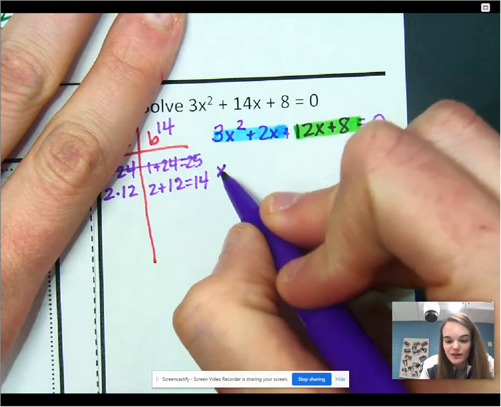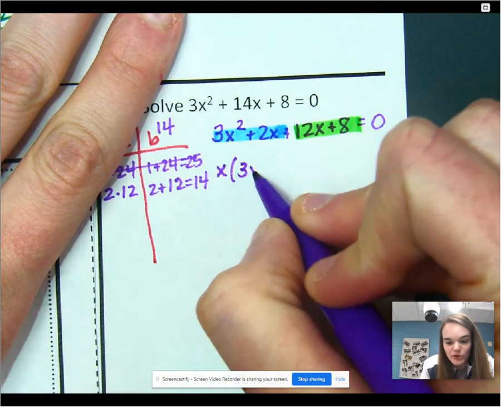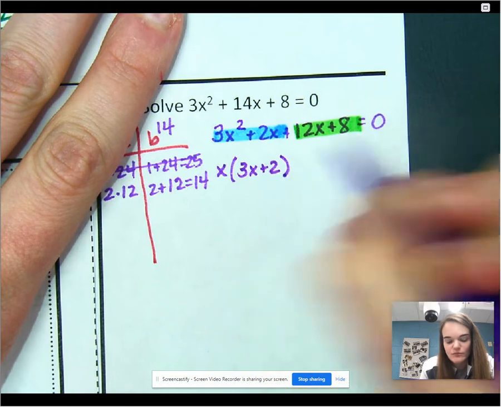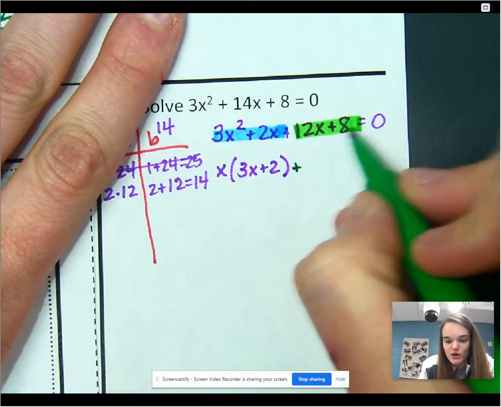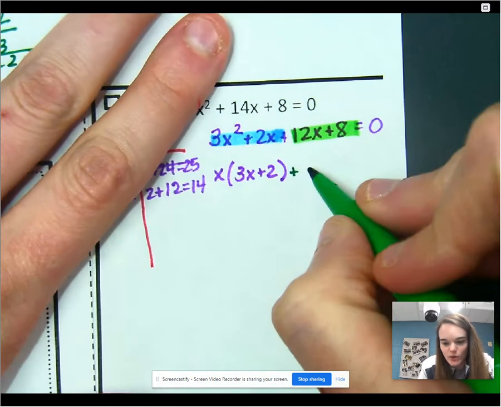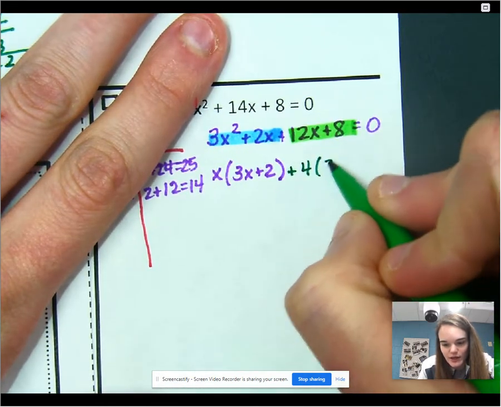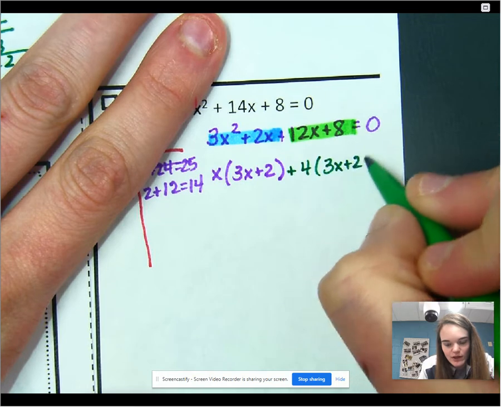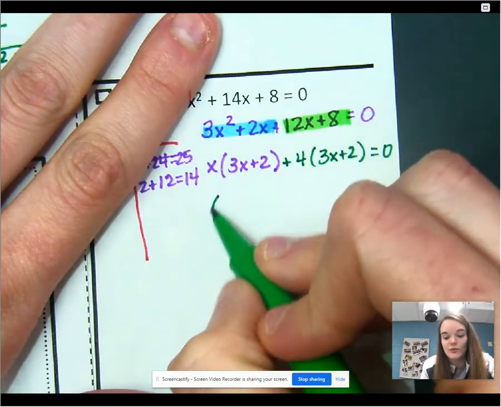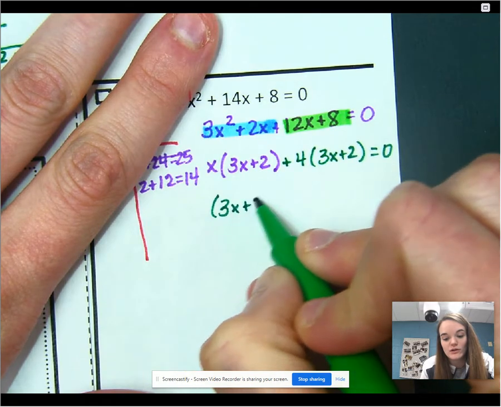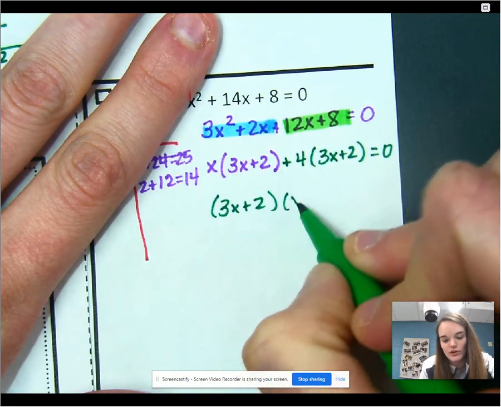I can take an x out of that, and I'm left with 3x plus 2. Okay, now from the green section, I've got a 12 and an 8. I can take out a 4, which leaves me 3x plus 2. I've got to bring equals 0 around. These match, so I'm good. So I have 3x plus 2, and x plus 4 is what's left over.